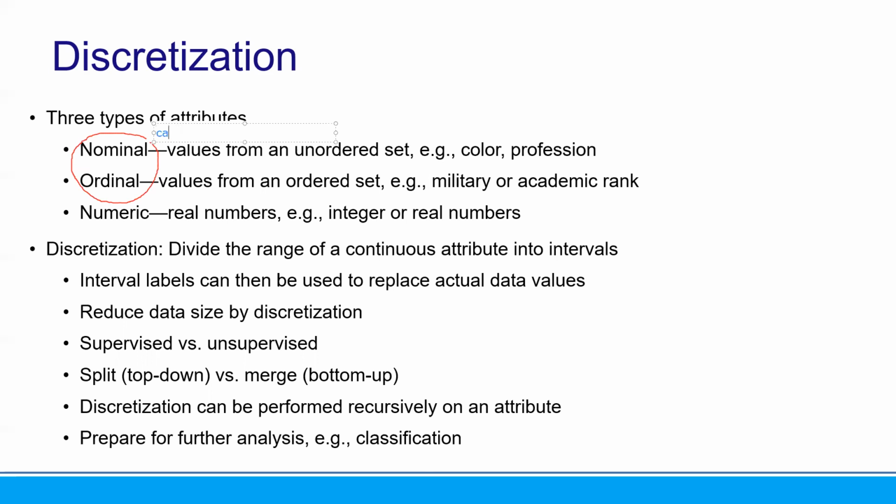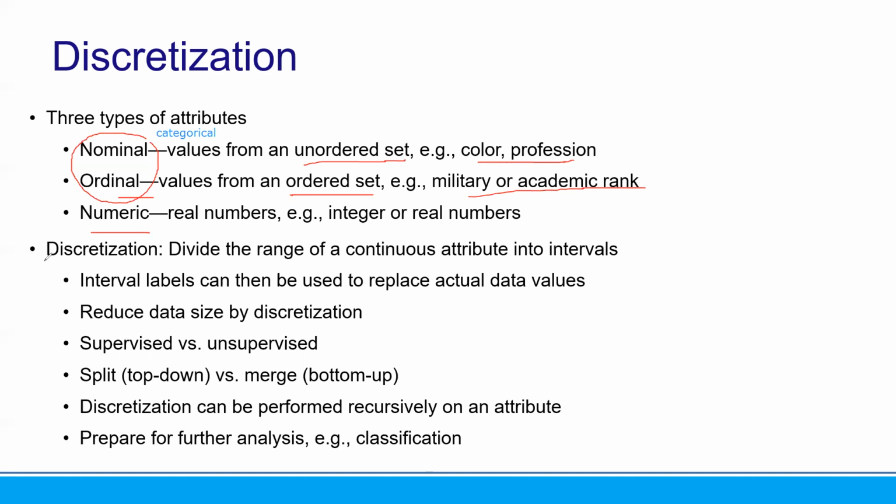Nominal means we have no sequence, no order, it is unordered, like color. Ordinal means we have an order, like profession or military academic rank. Numeric is integer or real numbers.